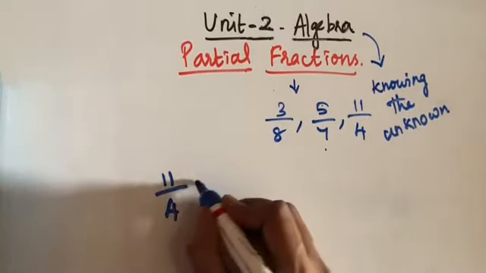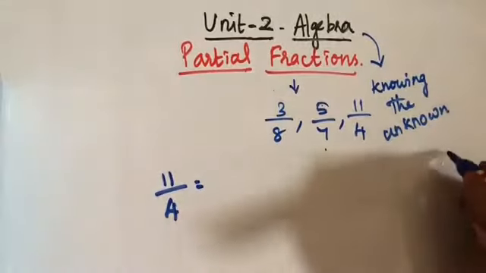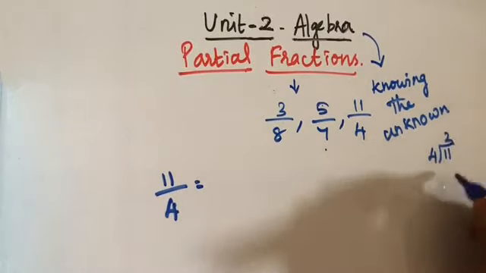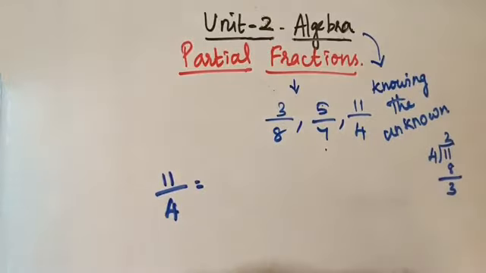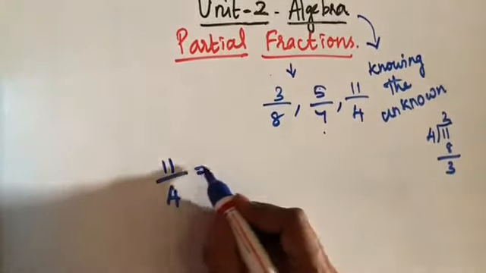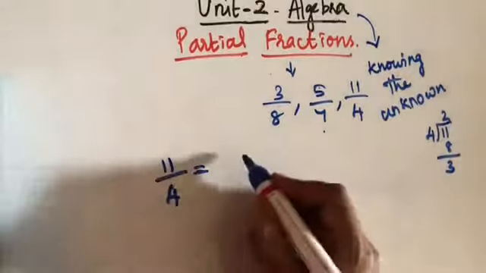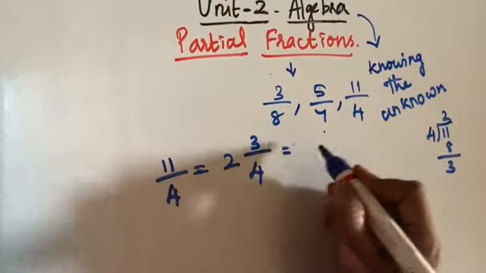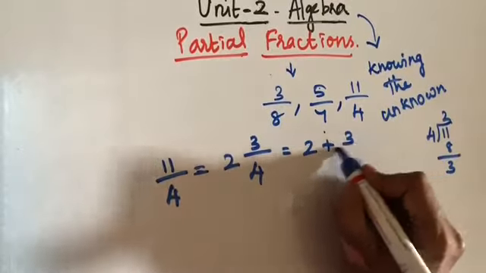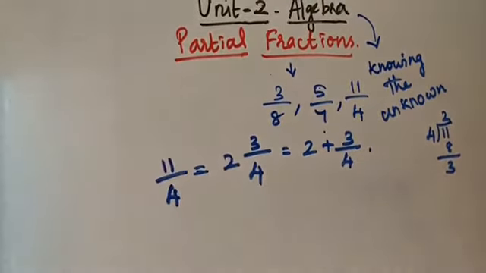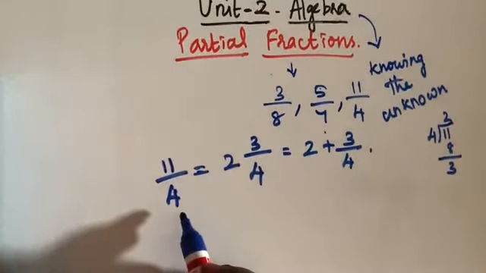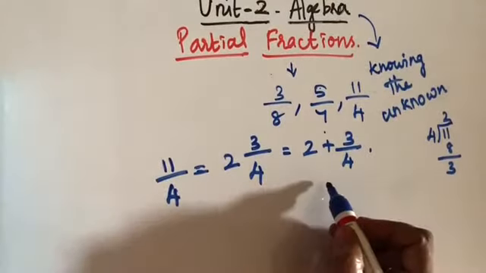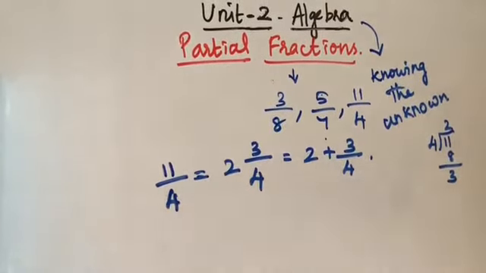Dividing 11 by 4, you get 2 fours are 8 and remaining 3. So we write 11 by 4 as 2 plus 3 by 4. This is an improper fraction written as a proper fraction, 2 plus 3 by 4.